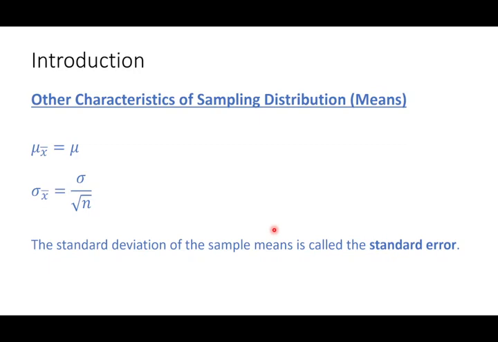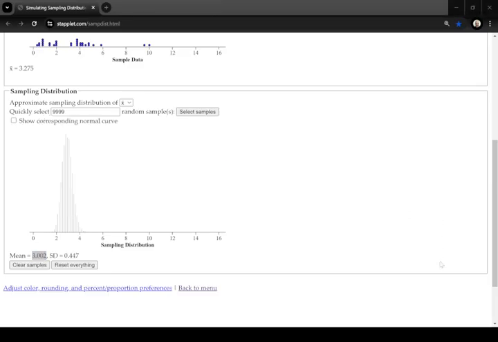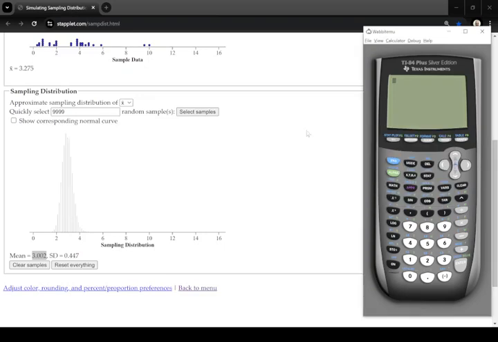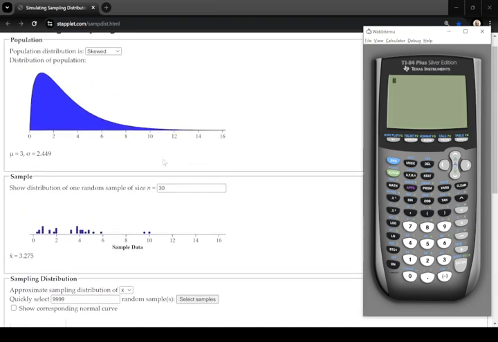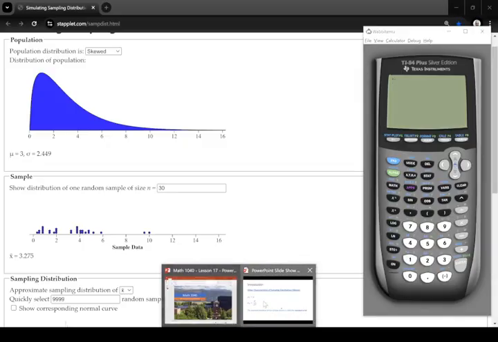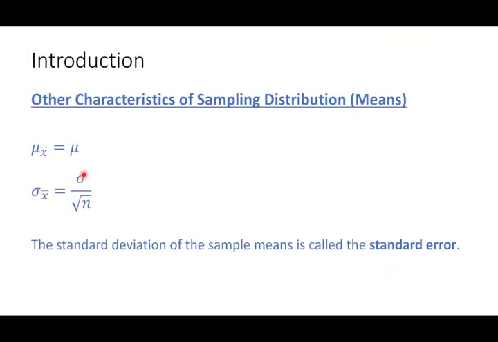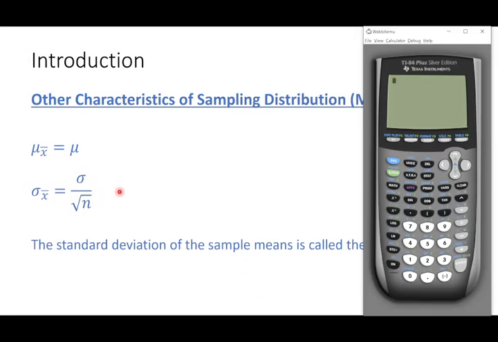So let's actually do a quick calculation. All right, hopefully this works. Hopefully you can see the calculator and the website on the screen at the same time. So the calculation is the real standard deviation divided by the square root of the sample size.